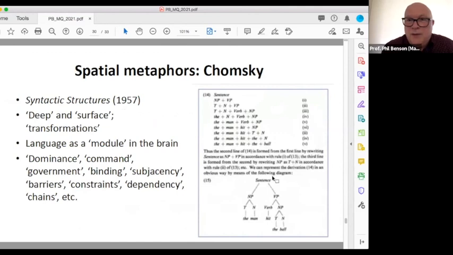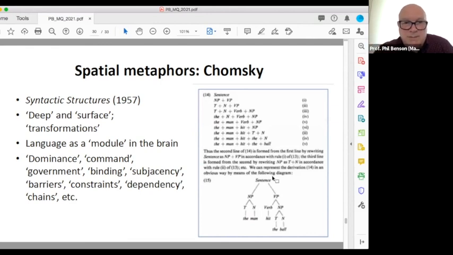If I just take about 5 minutes, I'll run through very quickly how these ideas work in Chomsky and Halliday. Chomsky again uses many spatial metaphors, and also, as you can see on the right-hand side, you get a lot of spatializations. Basically, language is represented in these kinds of diagrams, more sophisticated than tables, but they are spatial representations.